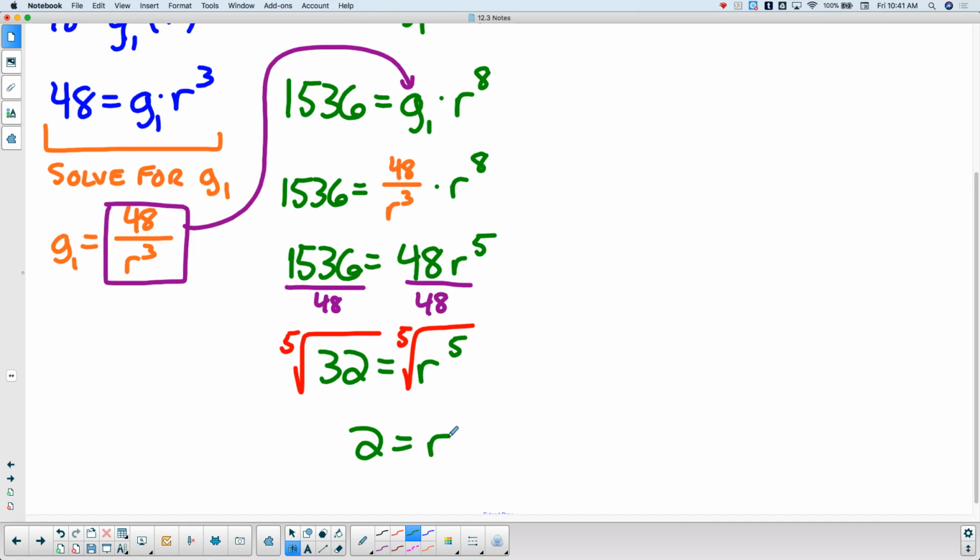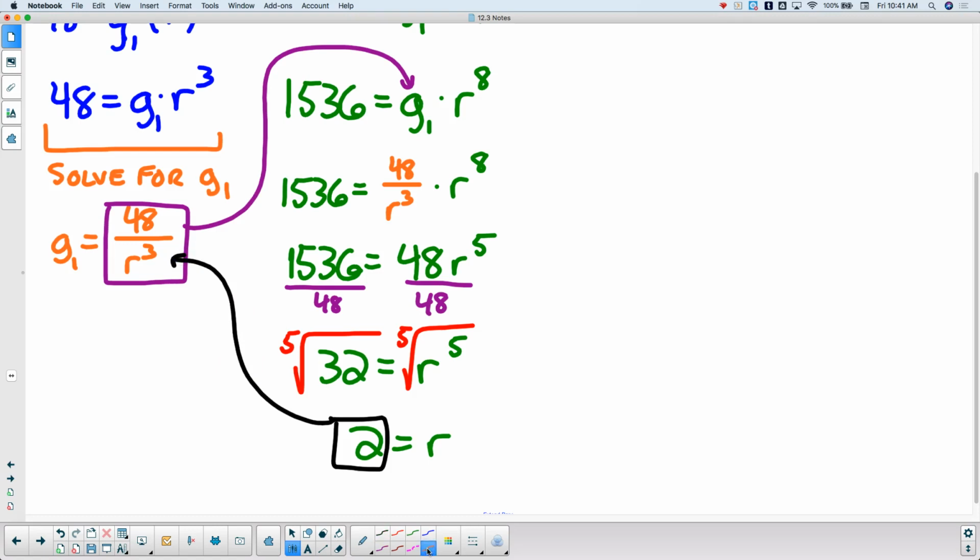So I've got r, I still need g sub 1. So now what can I do? Plug 2 back into this one, right? So now I'm going to plug 2 back in there.